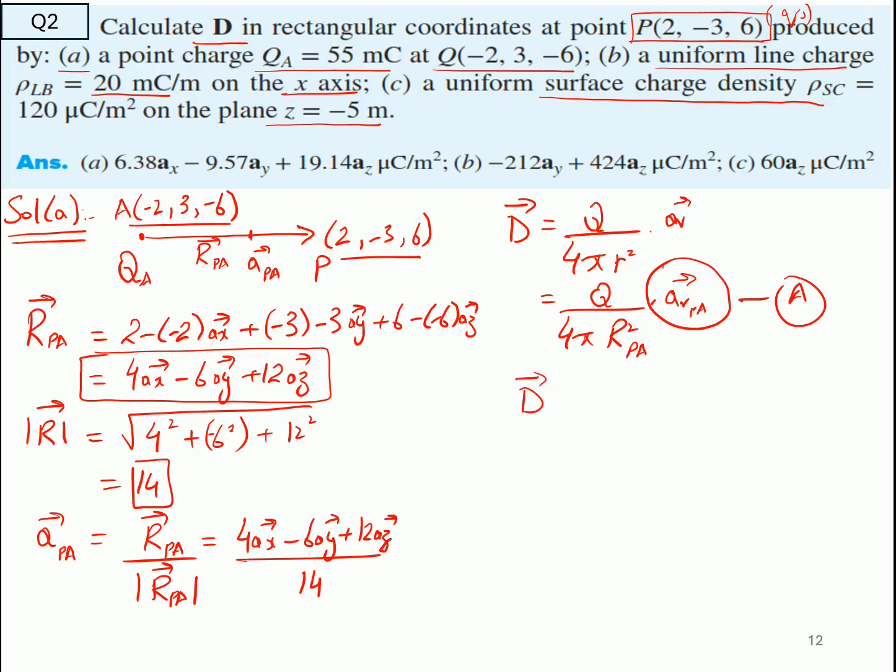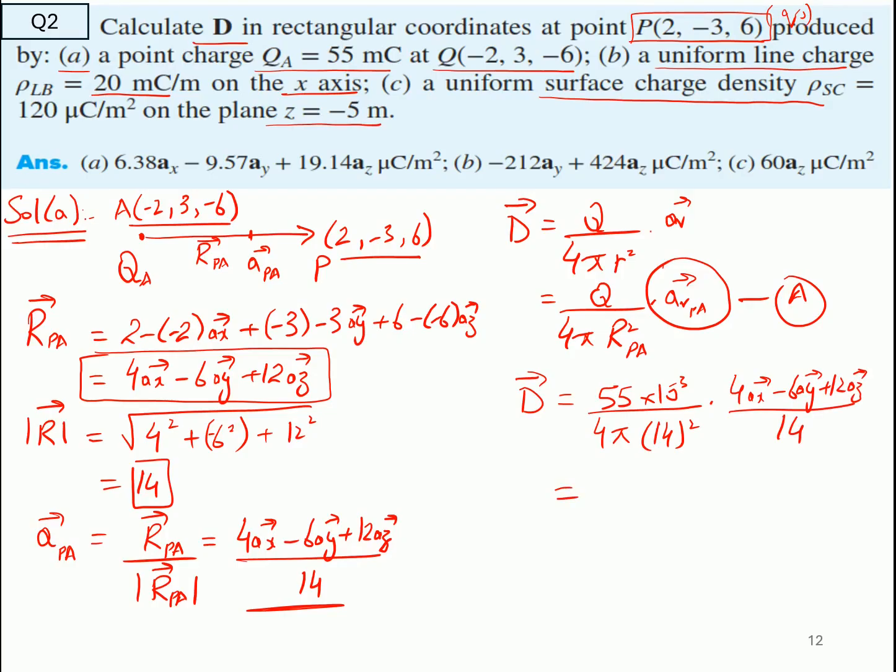Now as I have everything, I can incorporate everything into equation A to find the electric flux density. So electric flux density is going to be the value of Q, which is 55 times 10 raised to power minus 3 coulomb, divided by 4 pi, and R squared, so it comes out to be 14 squared. You put the value of the unit vector, which is 4ax minus 6ay plus 12az divided by 14.